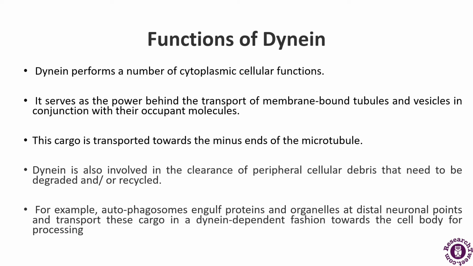So in addition to these functions, dynein may play a role with certain viruses, albeit involuntarily, in the migration to the nucleus of the cell. An example of this is the resourcefulness of HIV, the human immunodeficiency virus, hijacking dynein to reach its intended nuclear destination.